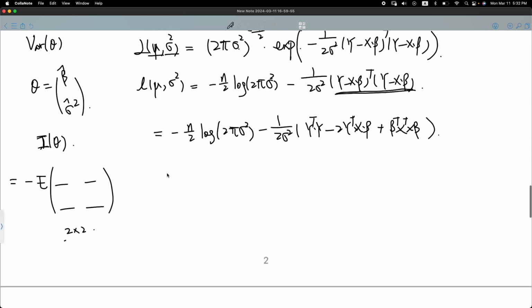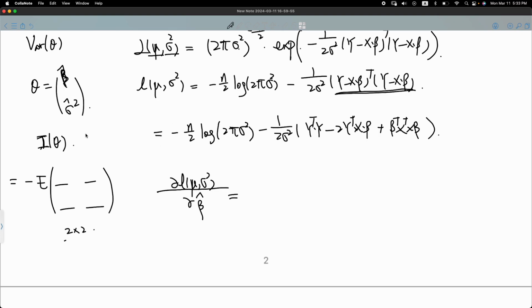For the 1-1 entry, let's take the derivative with respect to, not mu here, it should be beta. So we have an explicit formulation for the parameters: one is beta, and one is sigma squared.